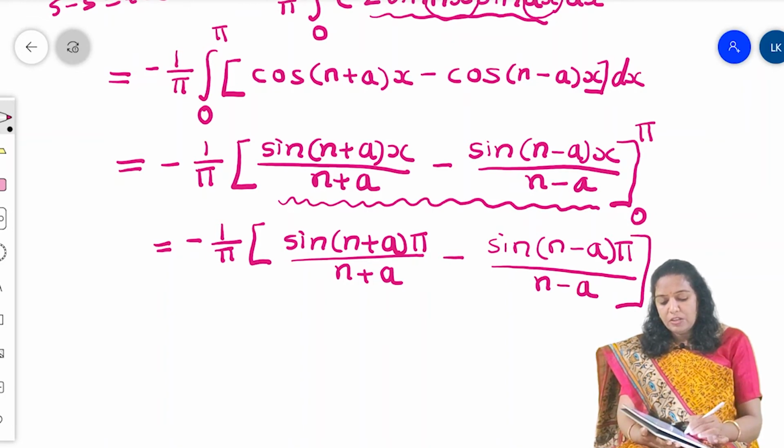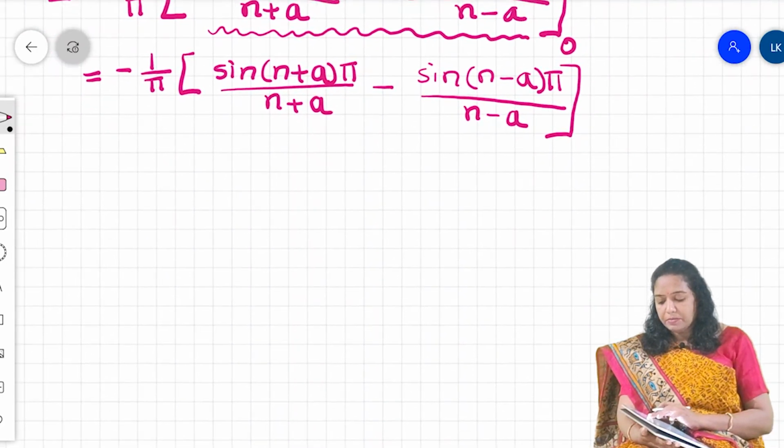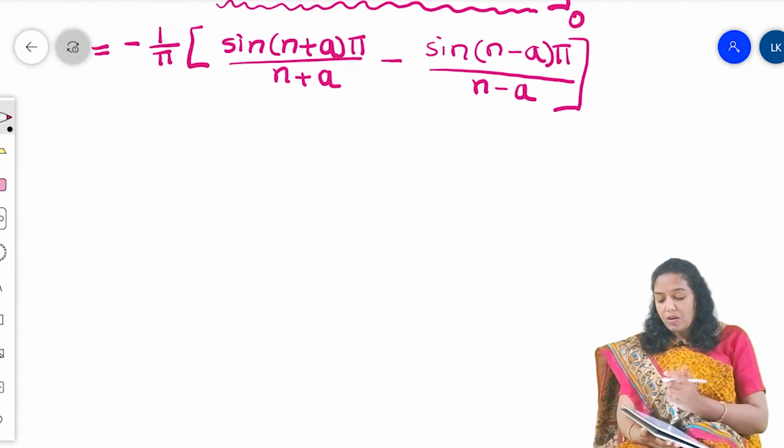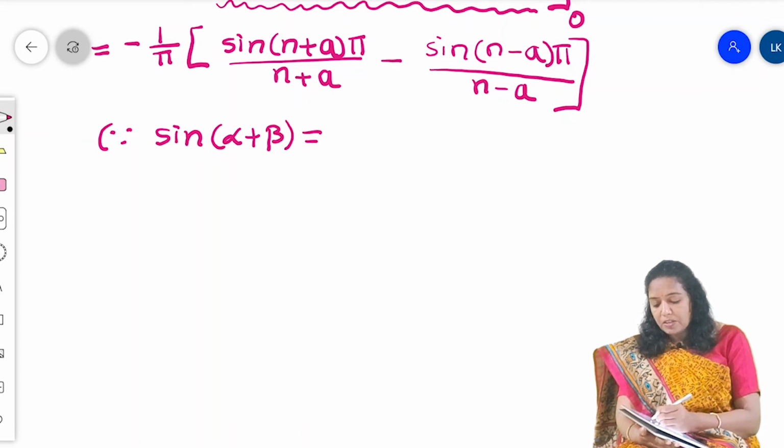Now sine 0 is 0. Therefore, no need to write the second term. Again, sine (alpha plus beta), its formula is sine alpha cos beta plus cos alpha sine beta.